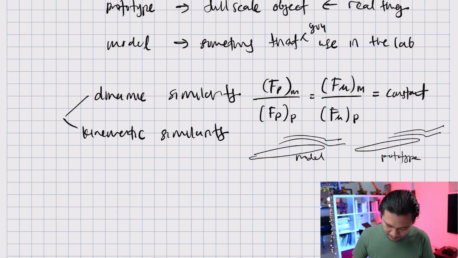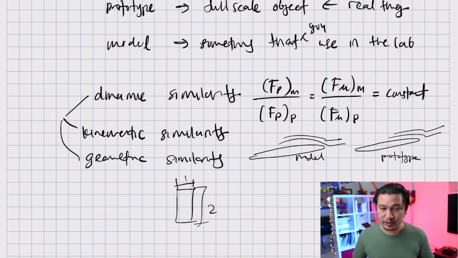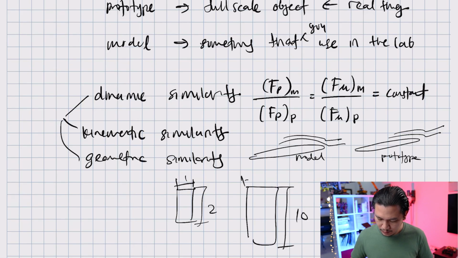And the final requirement is geometric similarity. And geometric similarity simply means that, let's say you have the aspect ratio of 2/1 for the model. Okay, it means that for the prototype, you may have the aspect ratio of 10/5.